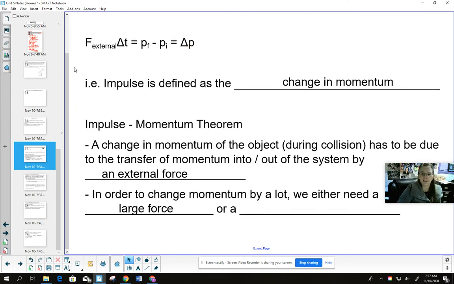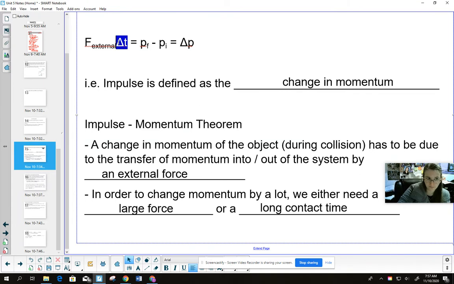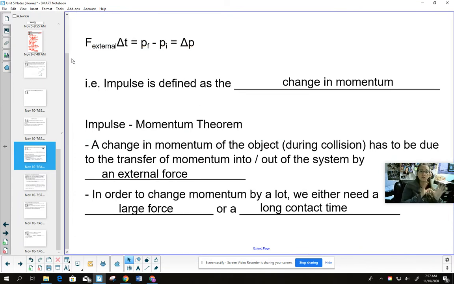If it's just a fly standing in front of the train going, stop, it's not going to do anything, yeah? It's not going to be able to exert a great force. Or what we need is a long contact time. Even if the force is not that great, if the force is applied over a very long time, that will cause a change in the momentum.